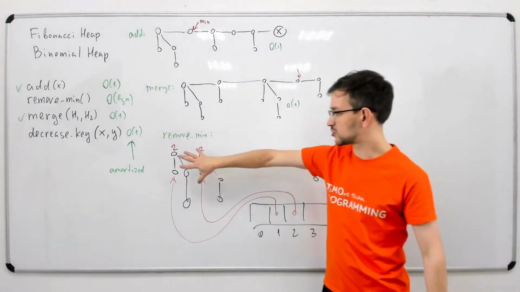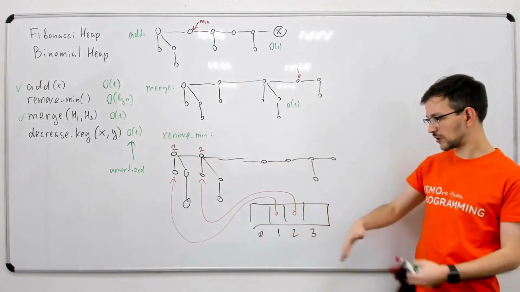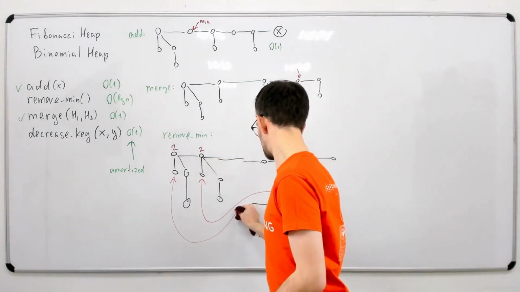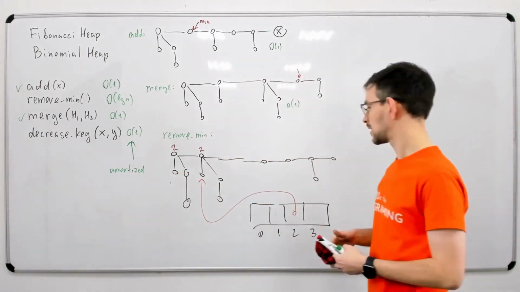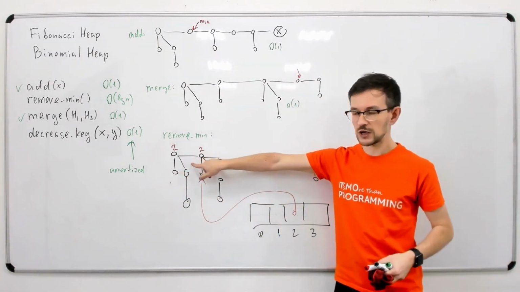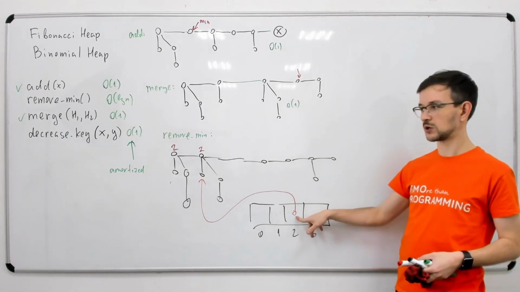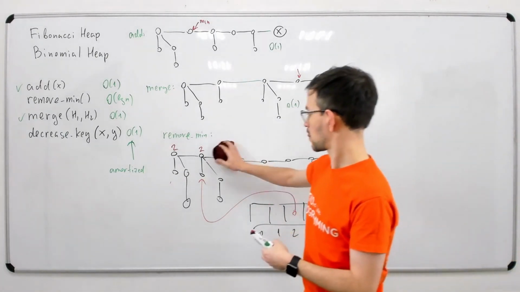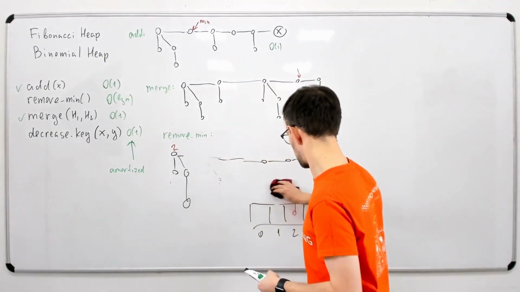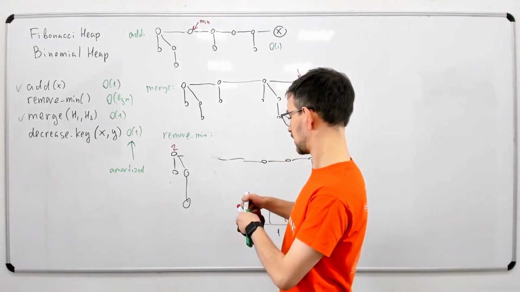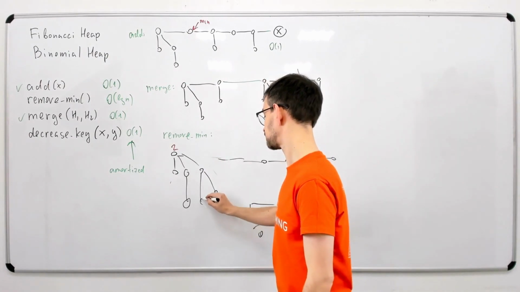Now we take this tree of rank 2 and try to add it in our array. But we already have a tree of rank 2. So we merge them together and have a tree of rank 3.